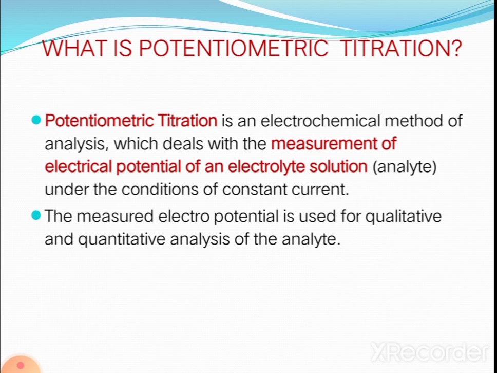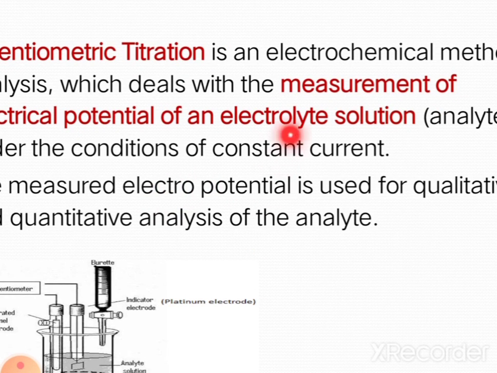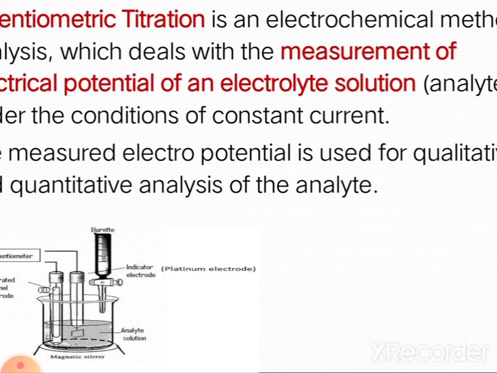Now this method is used for the measurement of electrode potential for both qualitative and quantitative analysis of the analytical solution. Whenever you want to set up the potentiometric titration, the following important setup is required. You know that there are two electrodes.